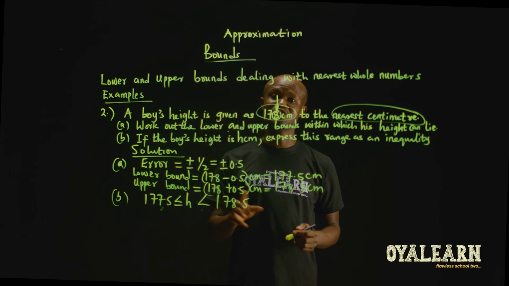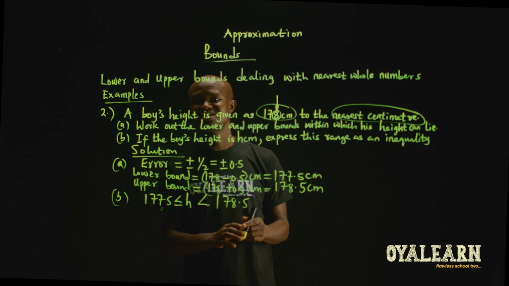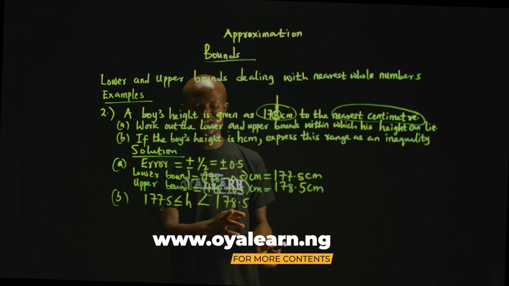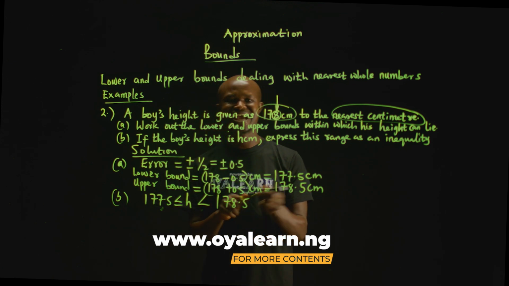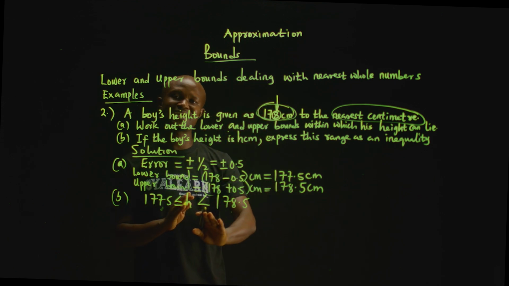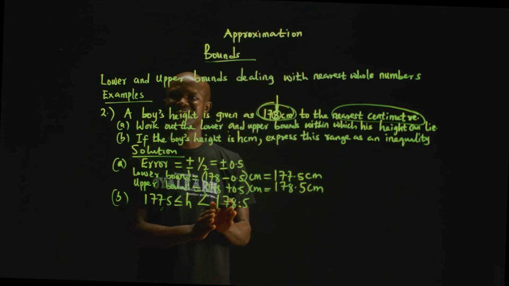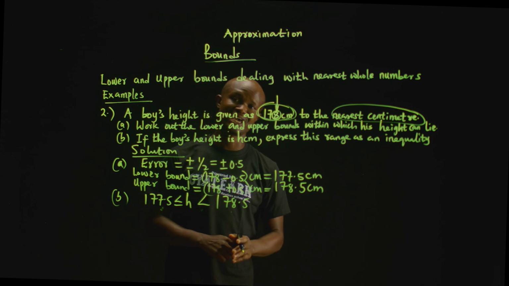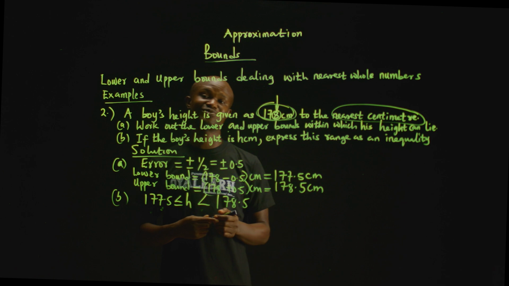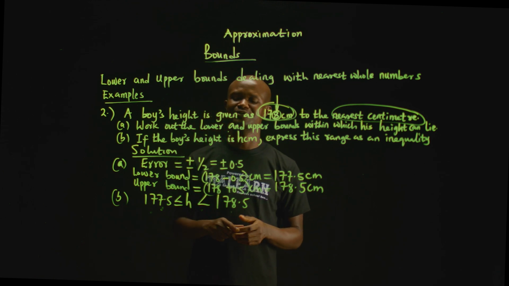And don't forget, we are not going to put equal to here, because if I approximate 178.5, I will take 1 from 5, add it to 1, I will have 179. Then it's not equal to this again. So the numbers we are looking at here are numbers that are less than 178.5 and bounded below by 177.5.